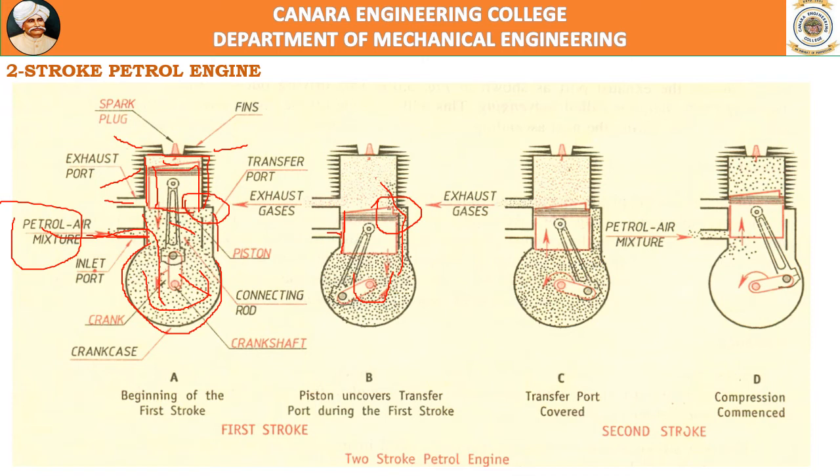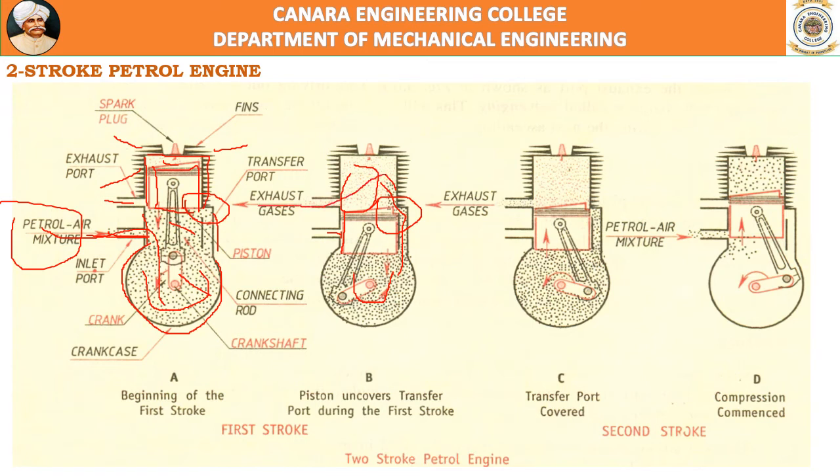During this, the exhaust port is also opened, as the piston uncovers it. What happens here is this fresh charge coming from the crankcase through the transfer port pushes the products of combustion away through the exhaust port.